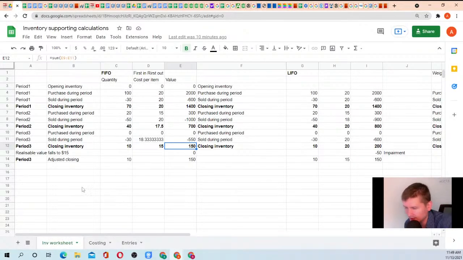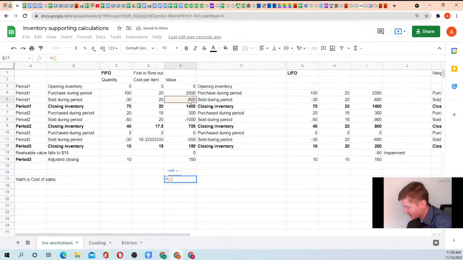Let's take a look here. What is cost of sales? So cost of sales will be whatever we have here with the minus. Okay, sold during period.